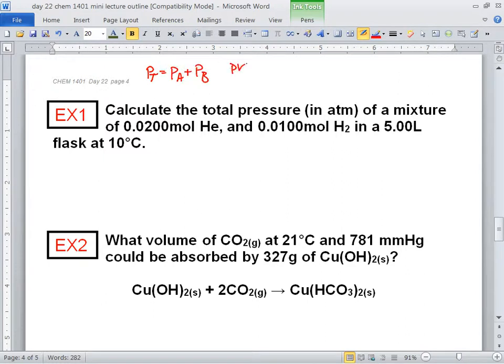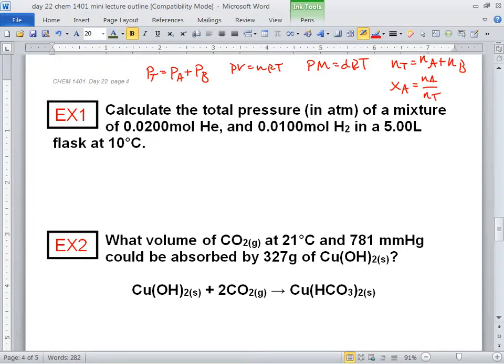PV equals nRT. PM equals dirt. We had NT equals NA plus NB. XA equals NA over NT. I think that's about all of them, right?